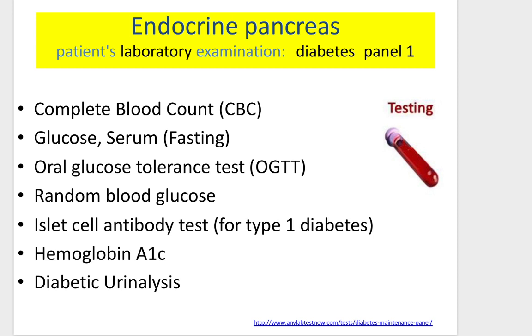Random blood glucose can be checked, especially in some emergencies or at the primary visit of the patient to the hospital. There is the islet cell antibody test, which is important for type 1 diabetes mellitus. Additionally, we use hemoglobin A1C, or glycosylated or glycated hemoglobin, and also diabetic urine analysis.